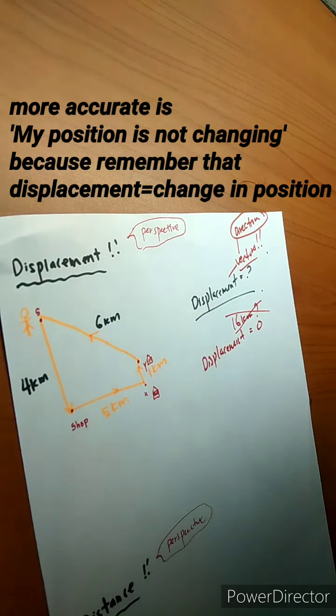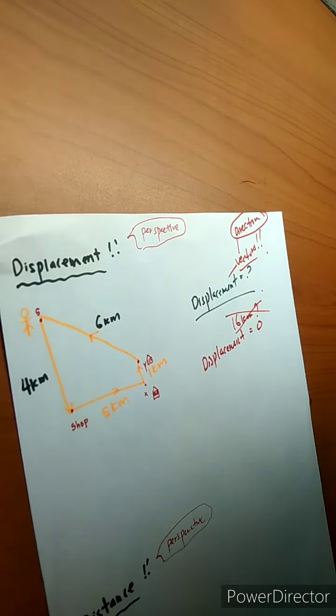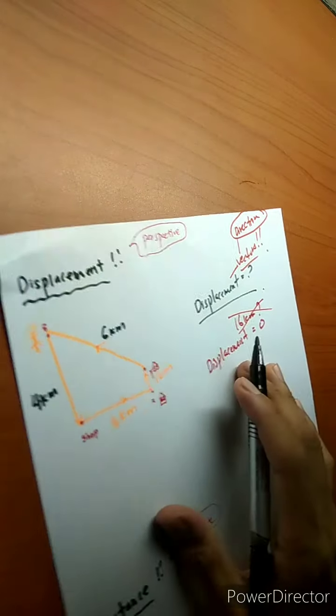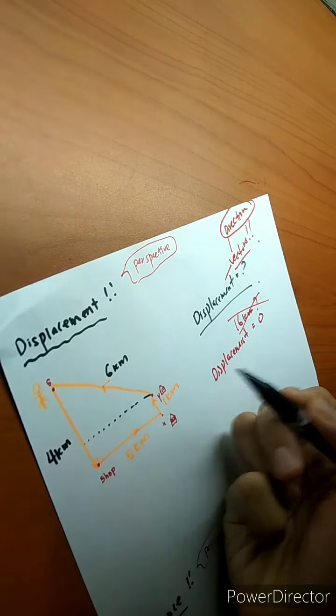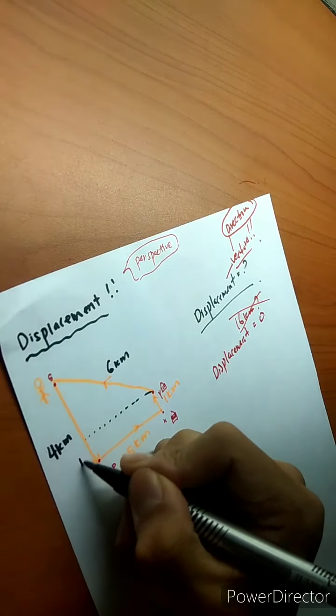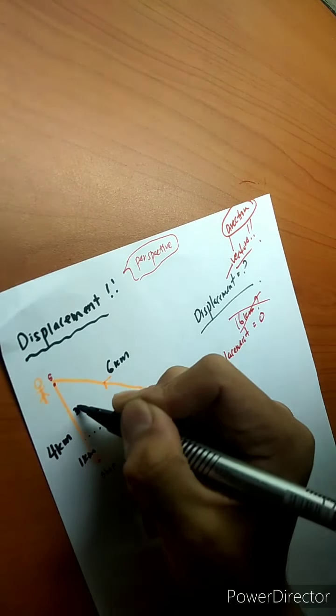Another approach to understand this is to divide this into several portions. So this is 1 kilometer over here, and this is 3 km of course.